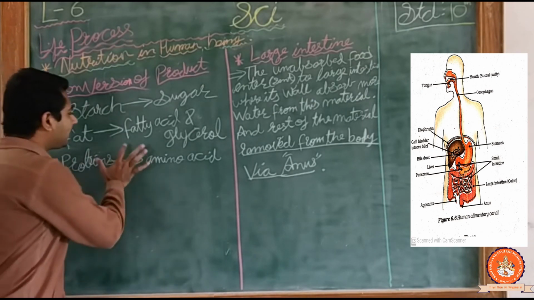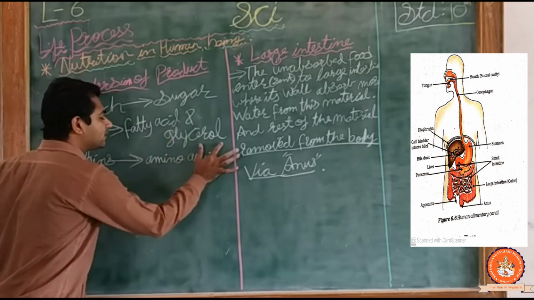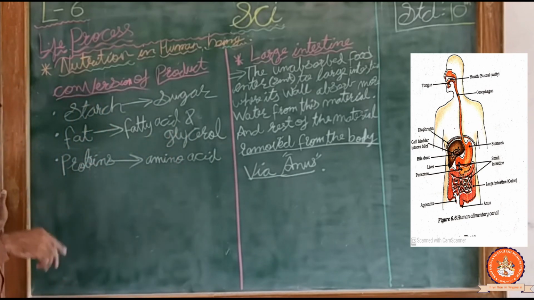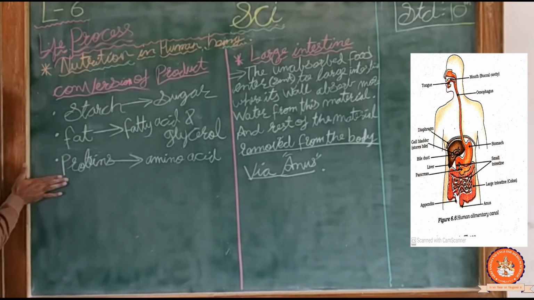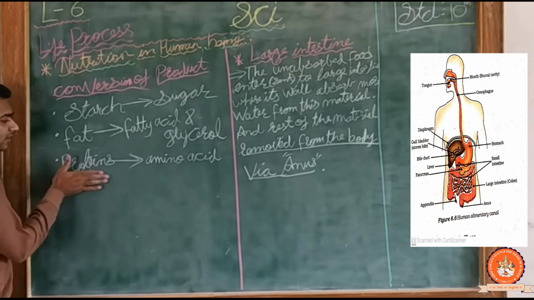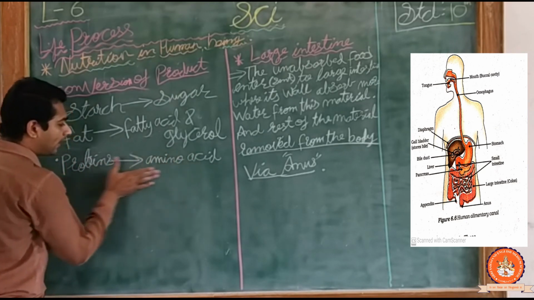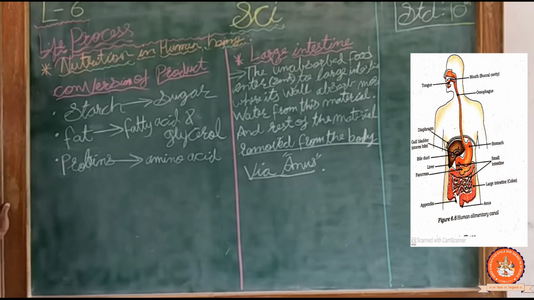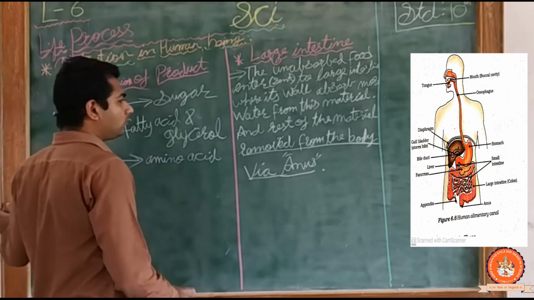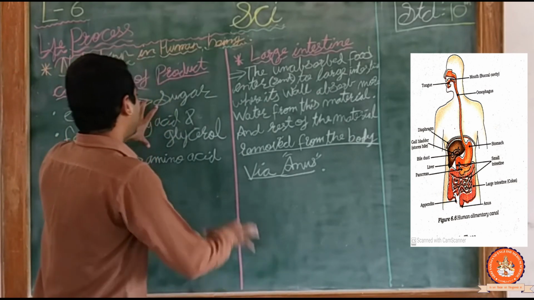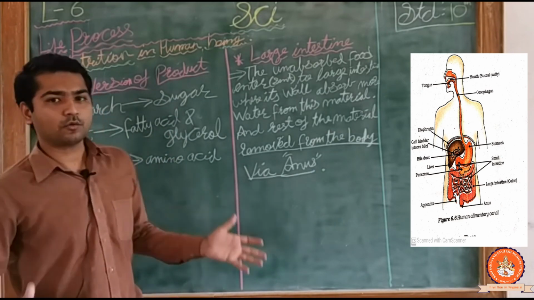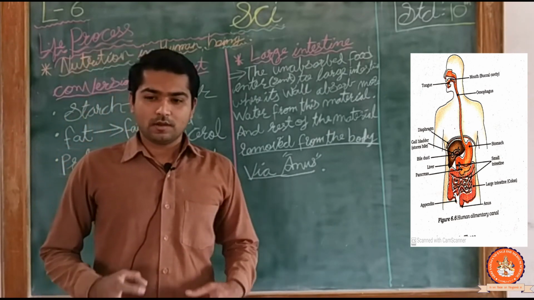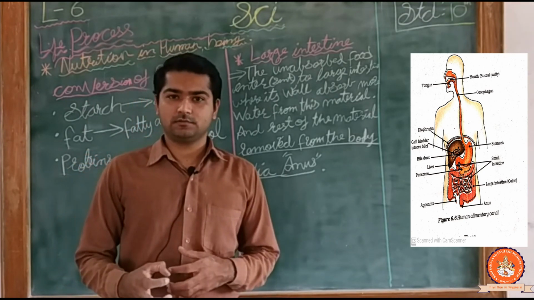The fat is converted into fatty acids and glycerol through lipase. Now protein is converted into amino acids. This is the conversion of food, and after conversion into these simple products, they go to the different parts of your body to meet the required energy.